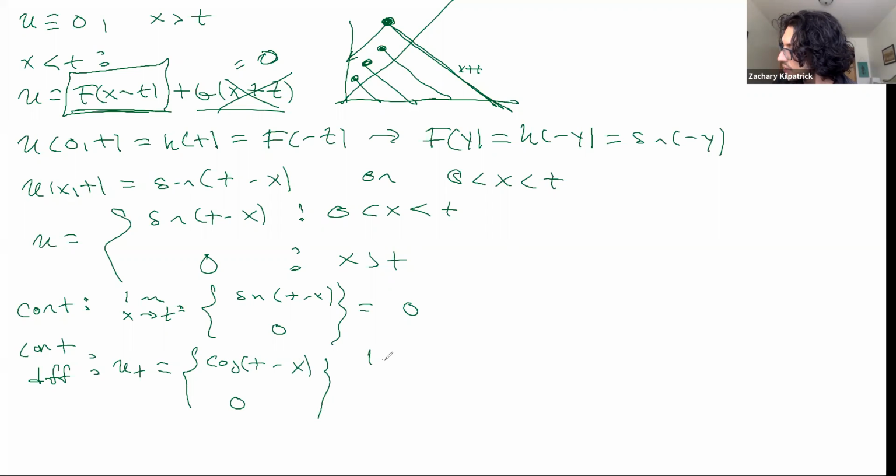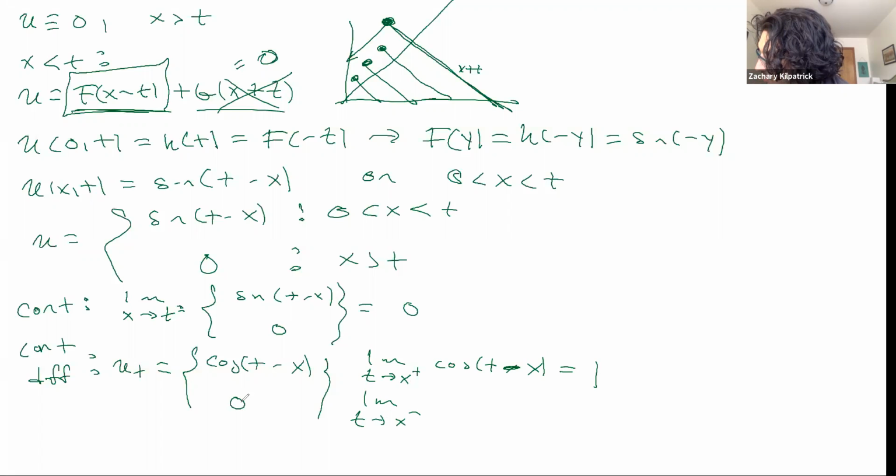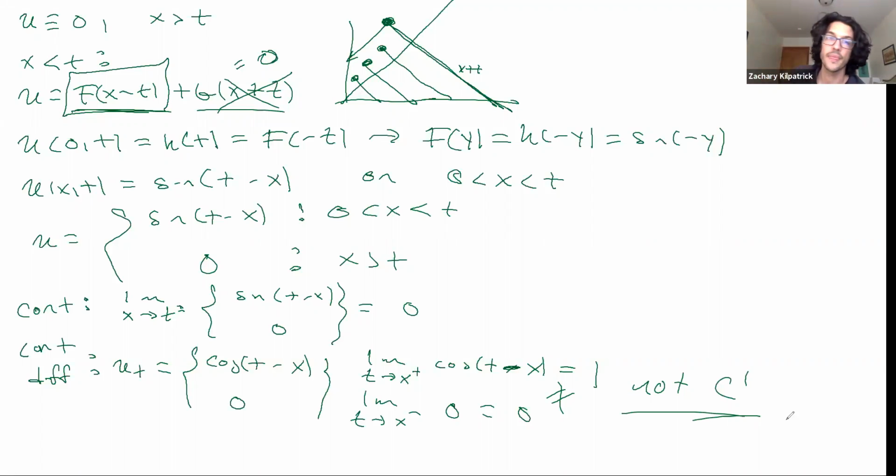So you can take the limit as t goes to x from above of cosine of t minus x, and you get 1, whereas the limit as t goes to x from below would be this part. So that's going to be 0. So these are not equal. So it's not C1. Okay.